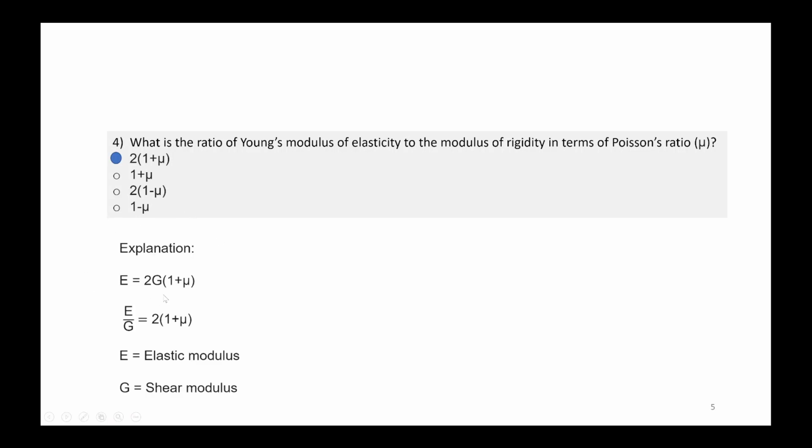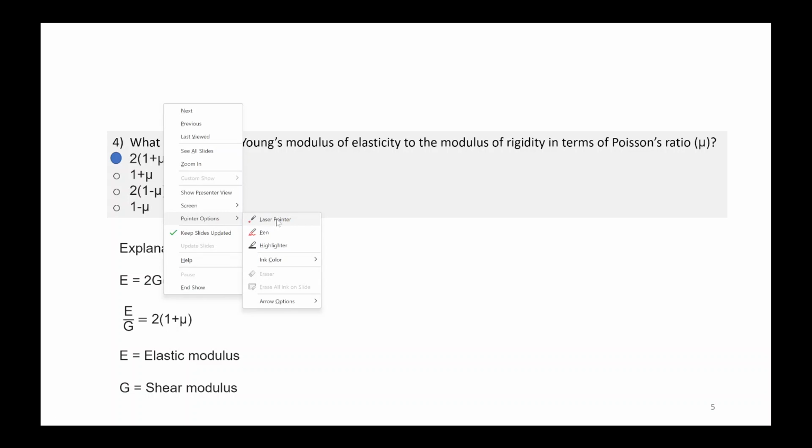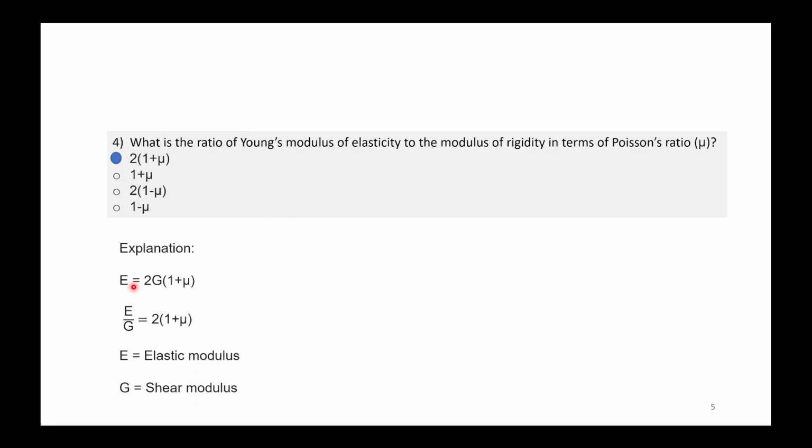This is the relation that's given for shear modulus and Young's modulus: Young's modulus equals 2 times shear modulus times 1 plus mu. Mu is your Poisson's ratio, E is elastic modulus, G is shear modulus. So when you take E upon G, it will be 2 times 1 plus mu.